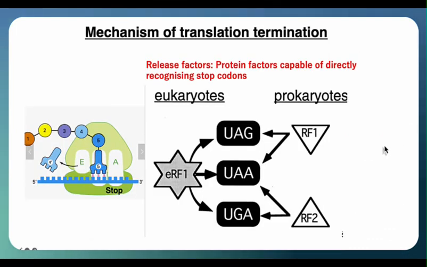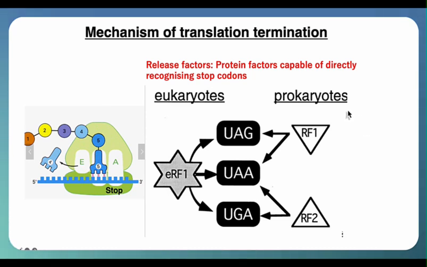Next, I will explain the mechanism of translation termination. There are 3 stop codons, UAG, UAA, and UGA. However, there are no transfer RNAs in cells with anticodons that can form stable hydrogen bonds with these stop codons.